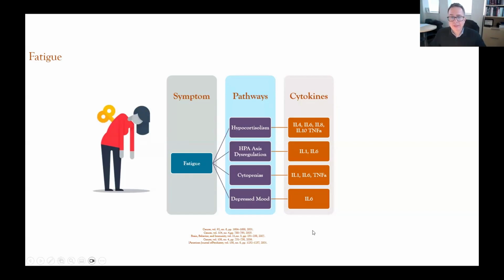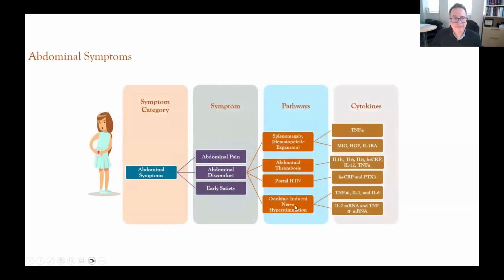Again, the point is not to memorize the cytokines. There will be no quiz on this, but it is to understand that we can, at very individual levels of aspects of the disease, tie in aspects to these various cytokines that are elaborated by the MPN clonal cells. So it ties in very nicely.